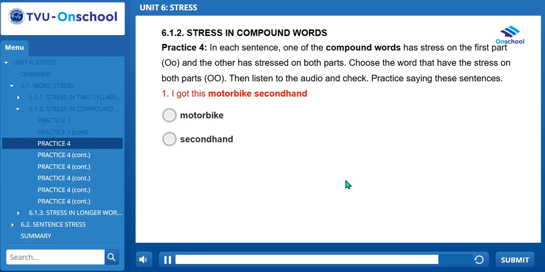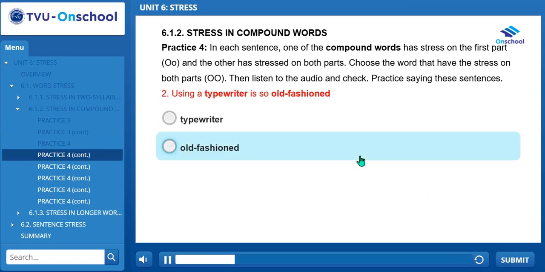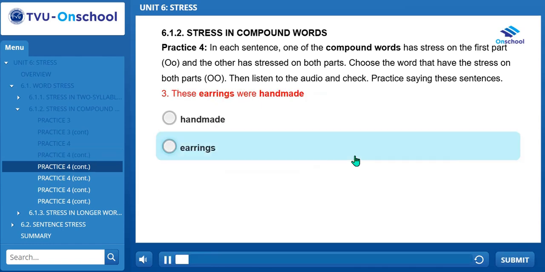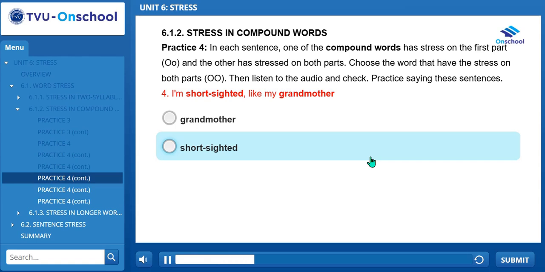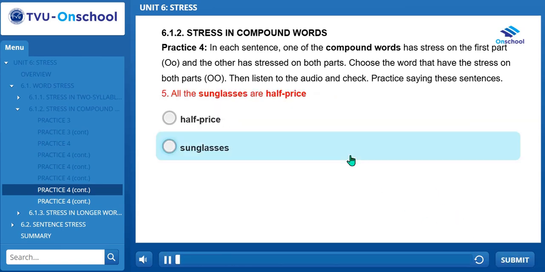1. I got this motorbike second-hand. 2. Using a typewriter is so old-fashioned. 3. These earrings were handmade. 4. I'm short-sighted like my grandmother. 5.